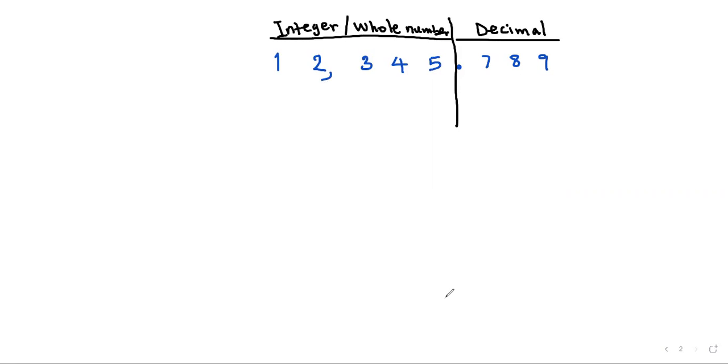Now, when we talk about the place values, the place value of 5, of course, we know that it is ones, the same as for whole numbers. The place value of 4 is tens. What is the place value of 3, student?